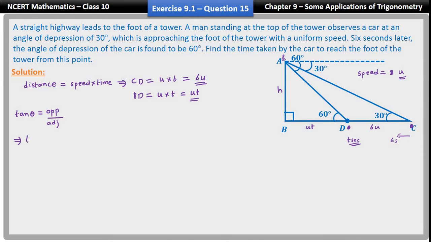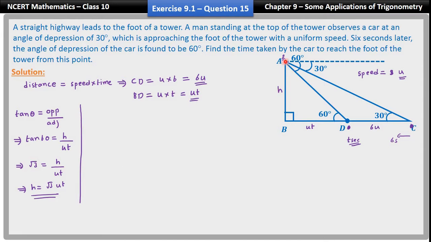So in ABD, tan 60 is equal to opposite side h over adjacent side ut. This is nothing but tan 60 is root 3 is equal to h by ut. So h is equal to root 3 ut. I just sent ut to the other side, so I got the value of h as root 3 ut.